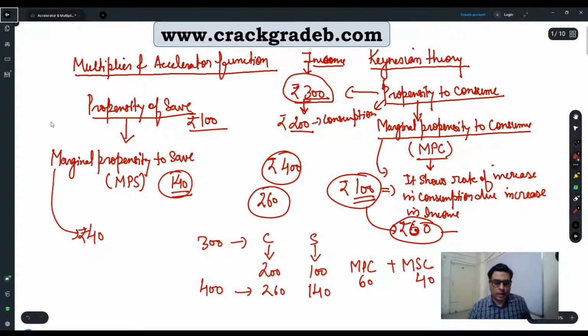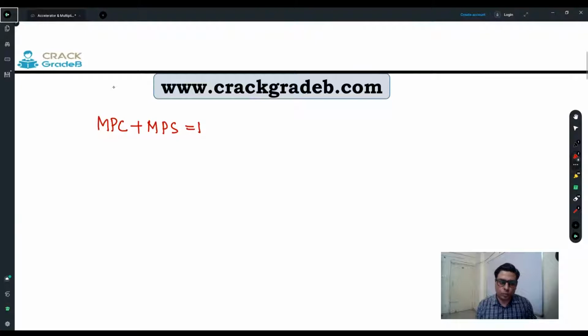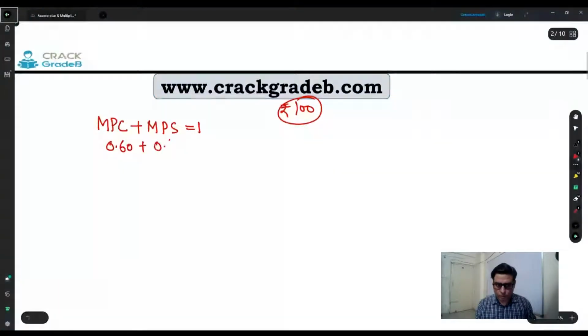So for the formula, because we are going to calculate this on a percentage basis, what we consider is MPC, marginal propensity to consume, plus marginal propensity to save is equal to 1. Both are going to be equal to 1. So if we consider the case of a rise of 100 rupees in the income, which I have explained above, then MPC is 0.60, that is 60%, and MPS is 0.40, so it is going to be 1.